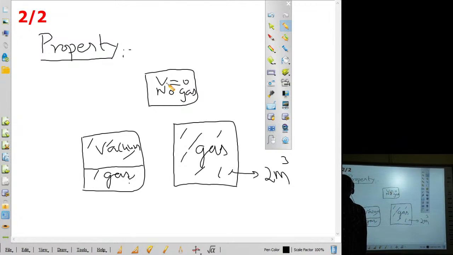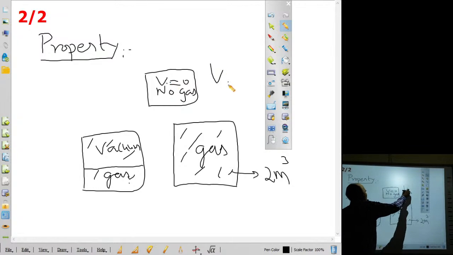Therefore, gas cannot live without the volume. Gas cannot exist without the volume. Like how your friend cannot live without that land. Because of that, it is your friend's property. Like that, without the volume, gas cannot exist. So volume is a property of the gas. So volume is one property.